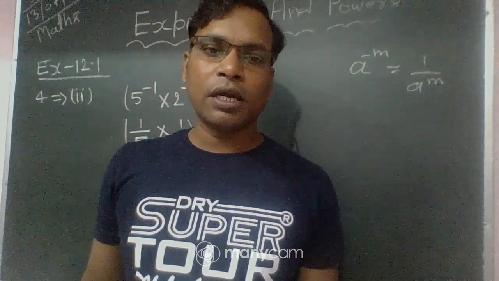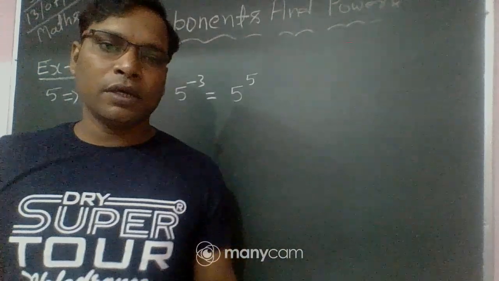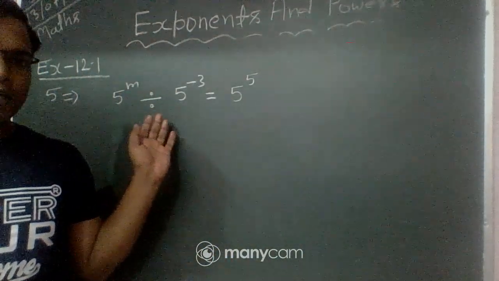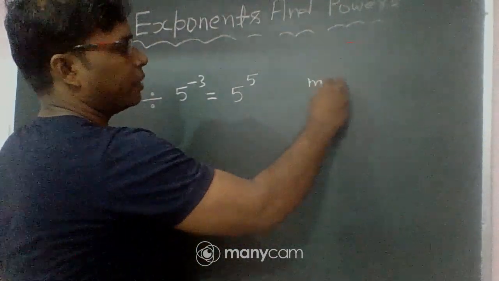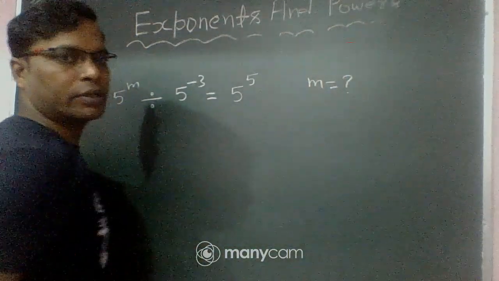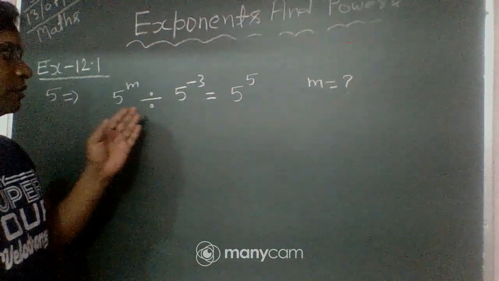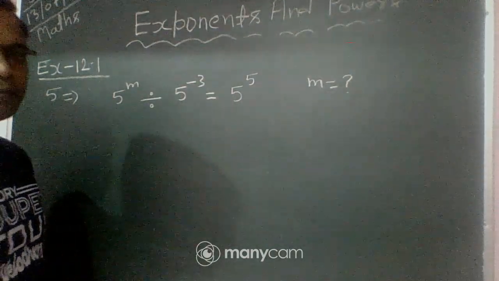So let's see how to solve this question. Students, we need to find the value of m. Here 5 power m divided by 5 power minus 3 is equal to 5 power 5.